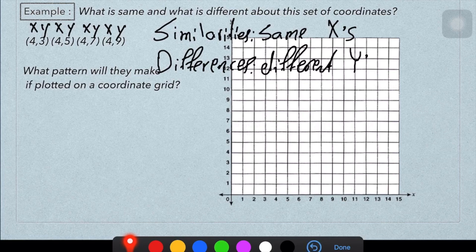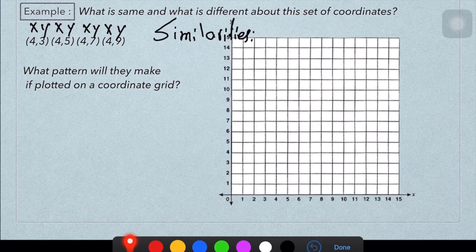I need to get rid of it. So this is the coordinate grid here, and yes, that's enough, I think. So I give you some time to plot these coordinates on the coordinate grid. So as you can see, you have an x-axis, a y-axis, and all scaled and labeled. Please do so for me.